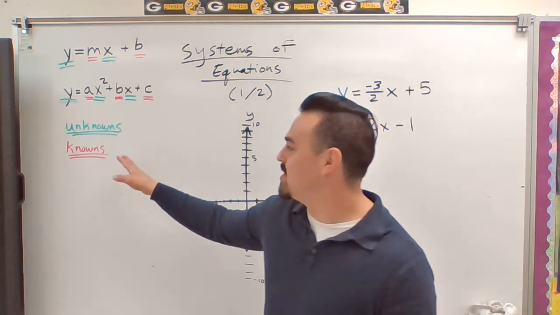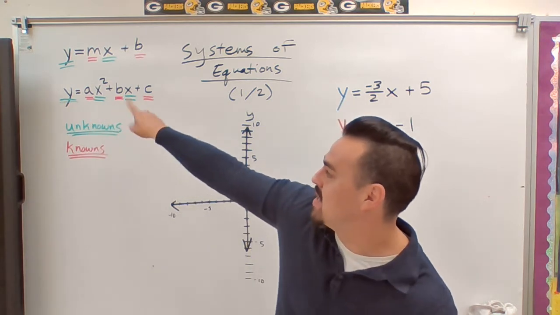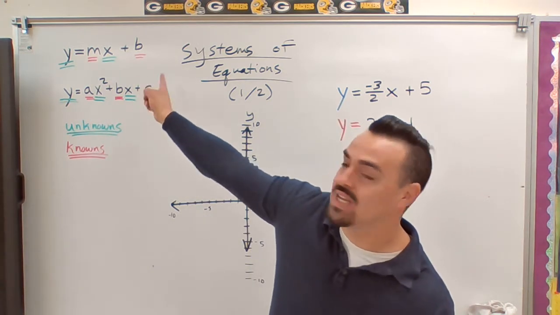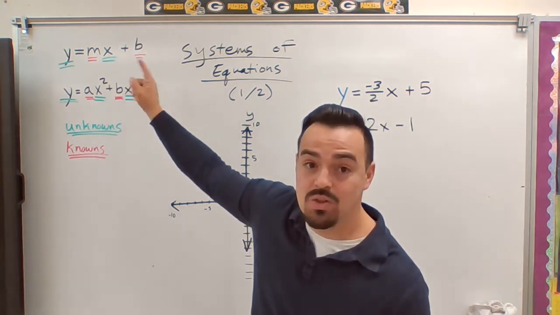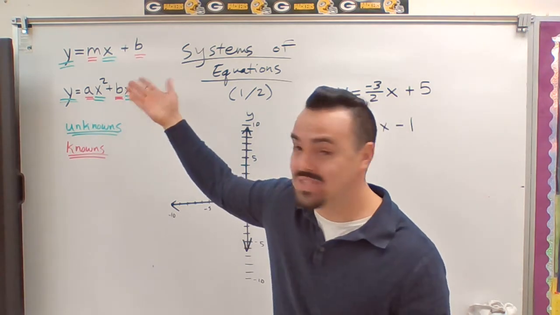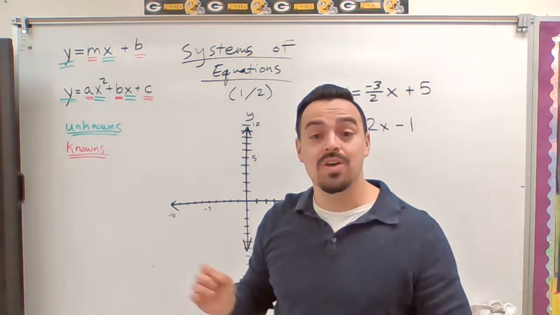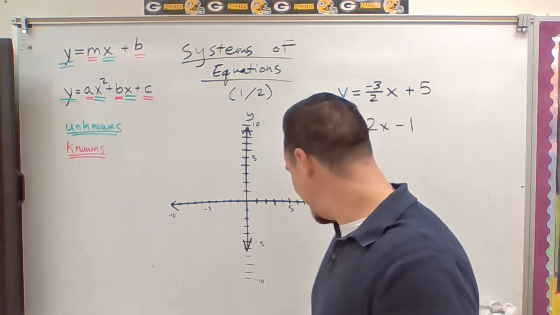I put the unknowns, the variables, the y and the x squared, the x, or if you're looking at a linear, as we're at right now, y is equal to mx plus b. The y and the x are unknowns, and the m, the slope, and the b, the y-intercept, are both knowns.